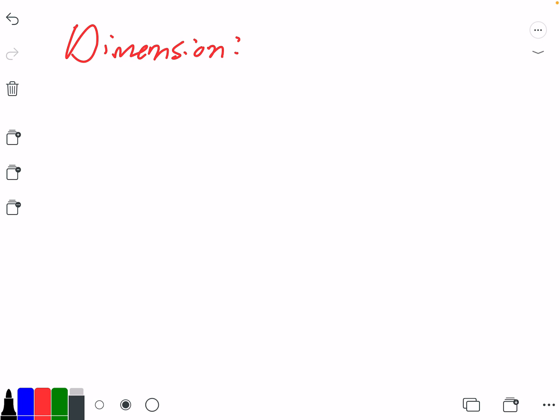Now, this is motivated by what we'll call the dimension of a subspace. The dimension of a vector space is the cardinality of its basis. Now, you don't have just one basis. You can have as many bases as you want, and every basis has the same size.